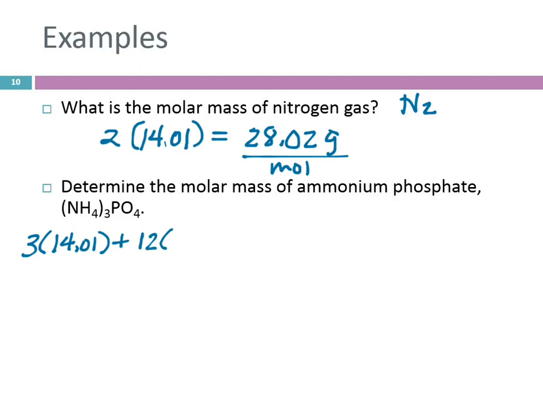And that's another reason why it's good to write this down, because then you can go back and check yourself. Oh, did I do that right? And then how many phosphorus? 1. And how many oxygens? 4.